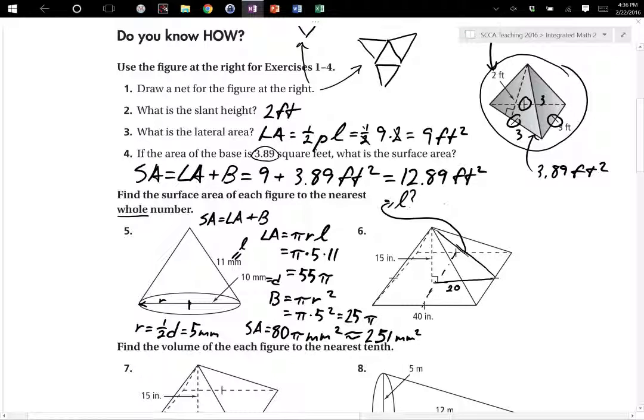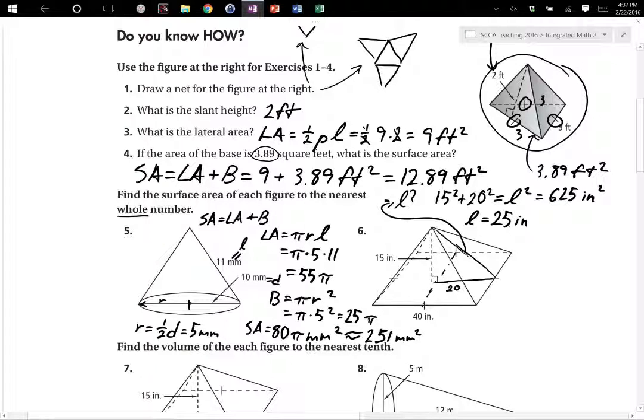Okay. So that means I have 15 squared plus 20 squared equals L squared. And what's 15 squared plus 20 squared? Ends up being 625, and that's inches squared. And so my L is actually 25 inches.